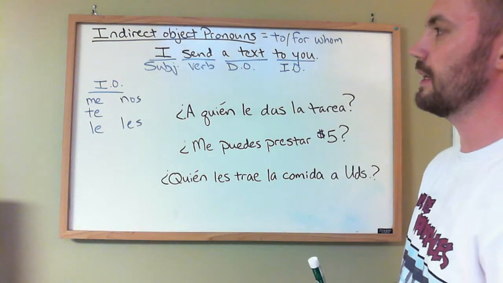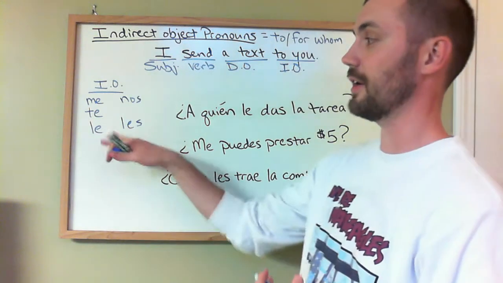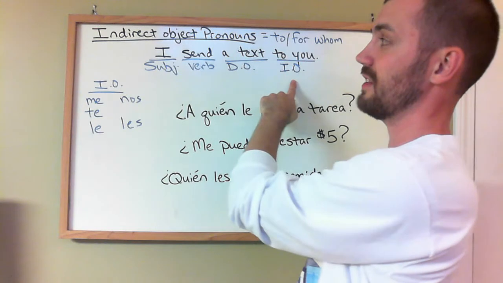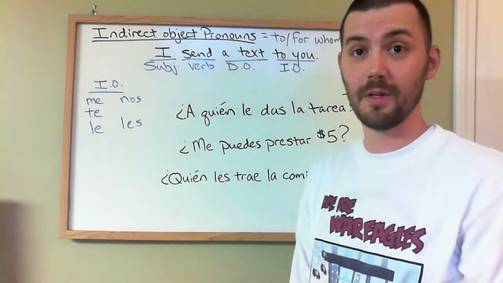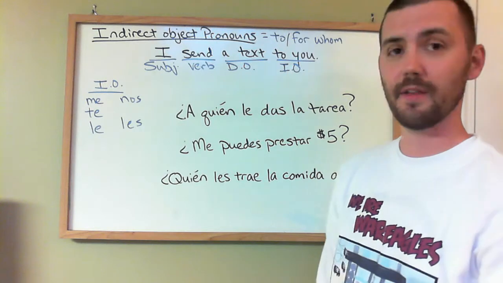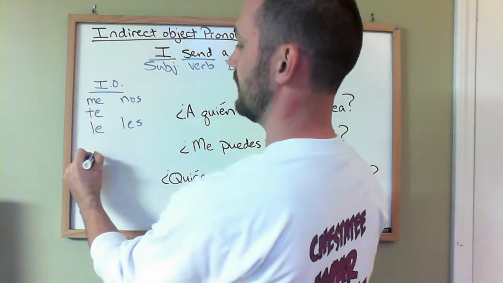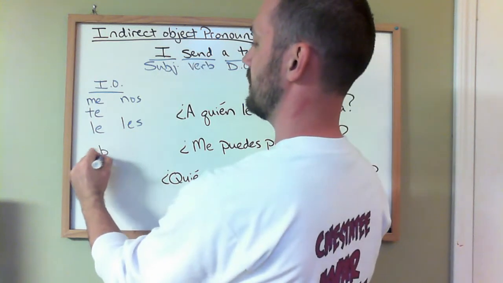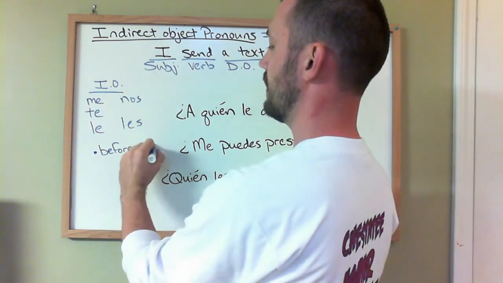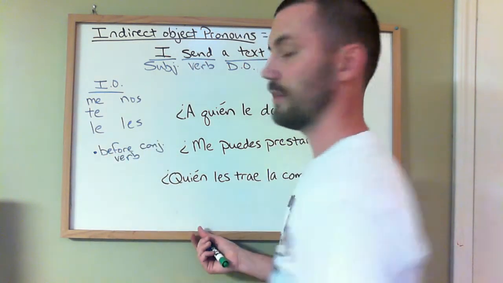Now, you heard me say it 5 times. Where does the pronoun go in a sentence? Does it go at the very end, or at the beginning, before the verb? Think back. Me gusta, te gusta, le gusta. You hear that it goes before the conjugated verb. So, placement: the most common spot is before a conjugated verb, such as gusta.